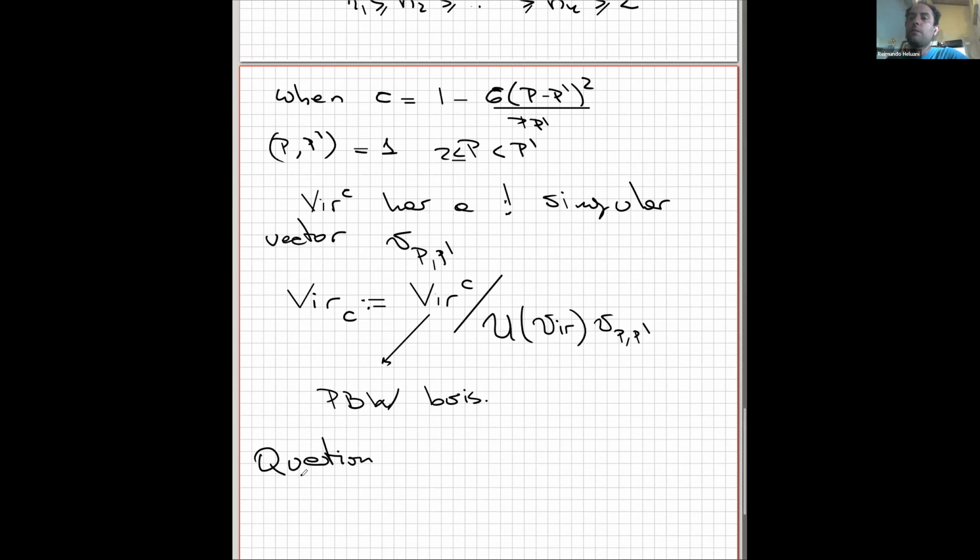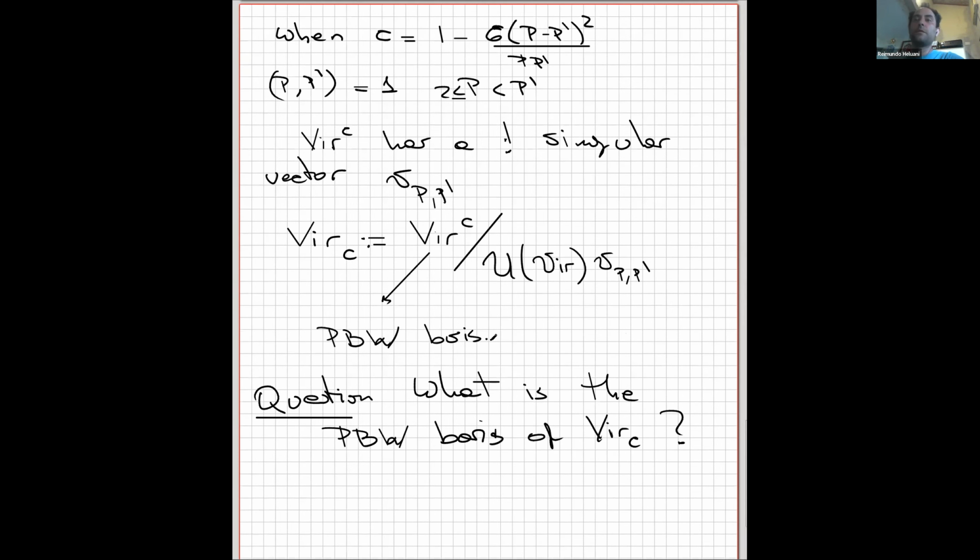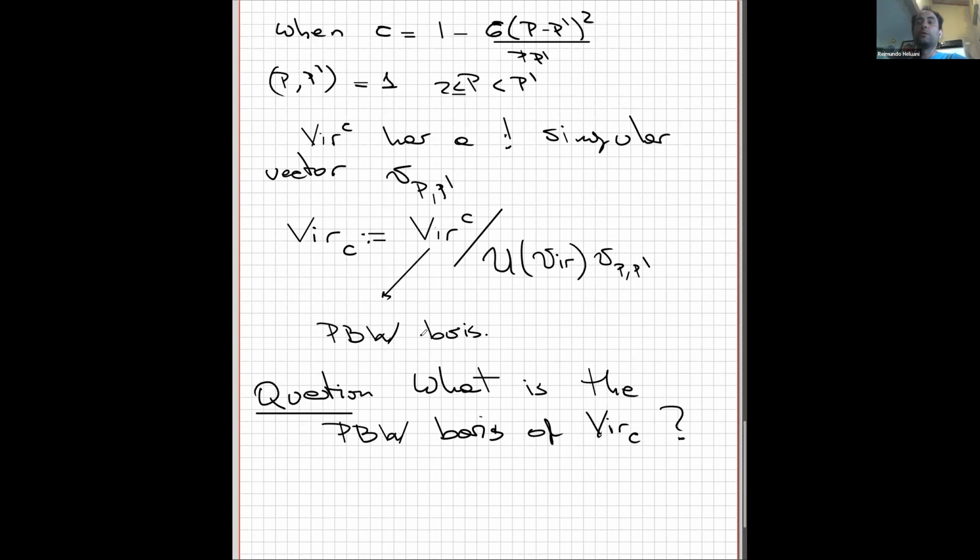Question: what is the PBW basis of the minimal model? It's a very basic question about a module that is a minimal module of central charge C, and we have been studying this for over 50 years now. We should know the answer to this question. And the answer is we know nothing about this.